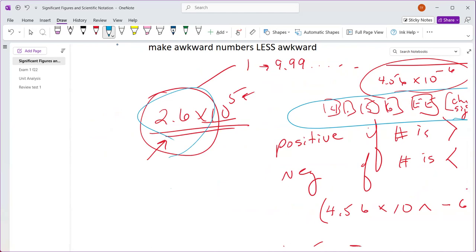So say we had that. That's an incorrect scientific notation number because the first number is greater than 9.99. So let's correct it. When we go from 265 to 2.65, what are we doing? Are we multiplying or dividing?